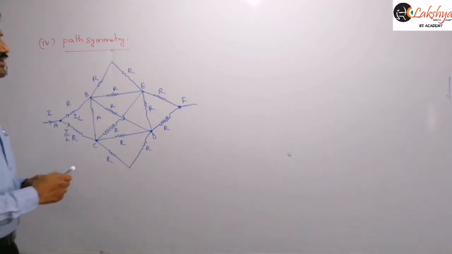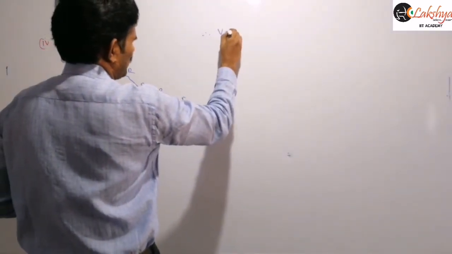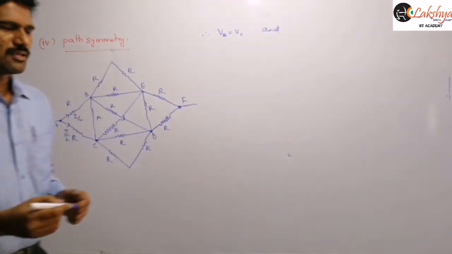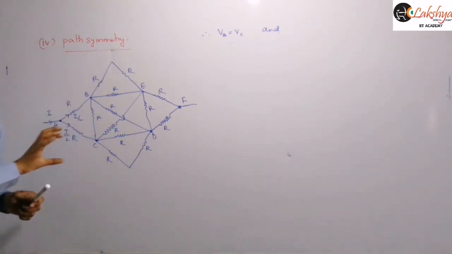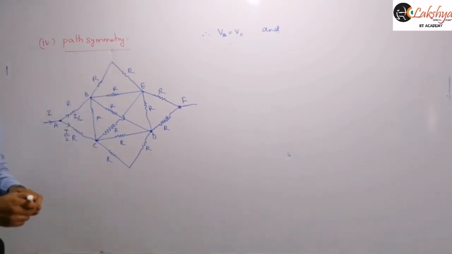And therefore we can write potential at B is equal to potential at C. Previously I mentioned that at entering and leaving junctions, the same amount of current should enter and the same amount should leave. That means identical current should enter and identical current should leave.